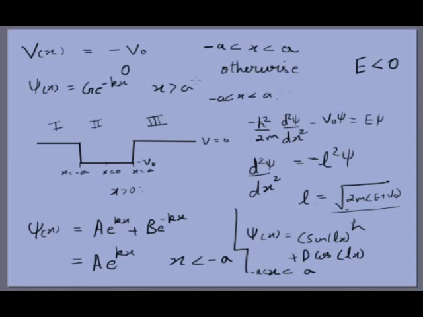But now we can use a little bit of a trick to simplify it a little bit further. Instead of having to get all the boundary conditions at both a and minus a, we can see that since the potential is symmetric about x is equal to 0, so will psi of x. Psi of x also has to be symmetric about x is equal to 0.